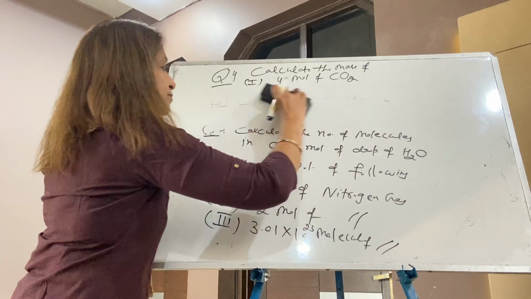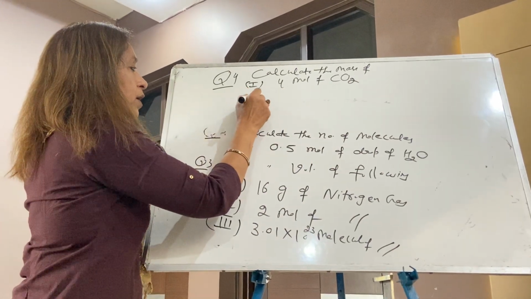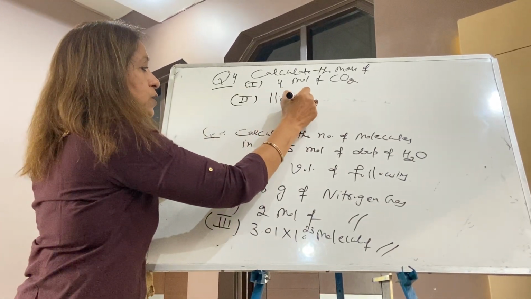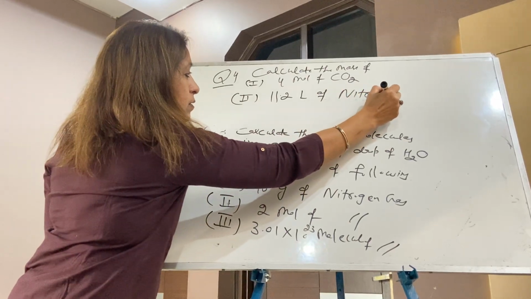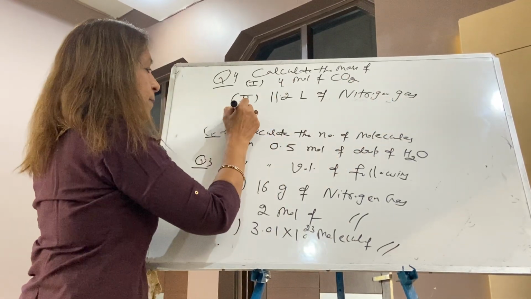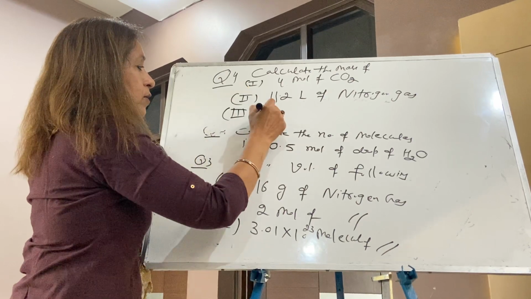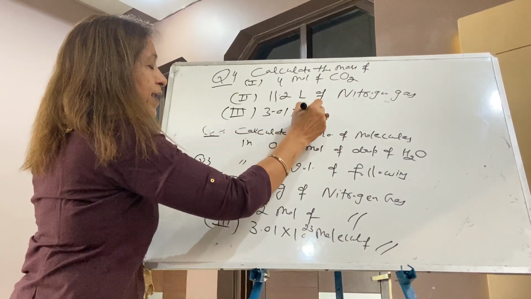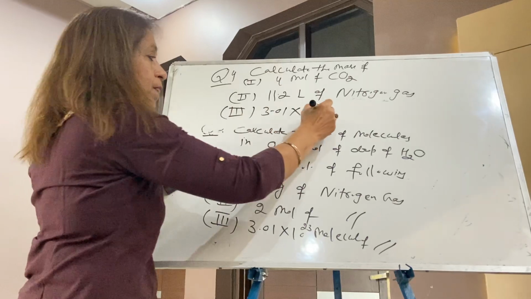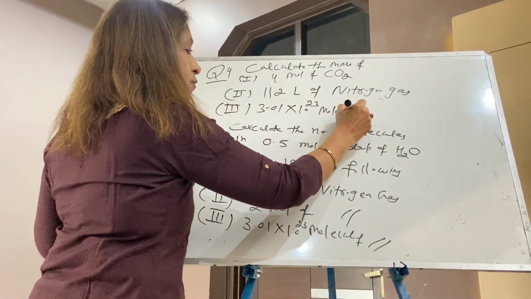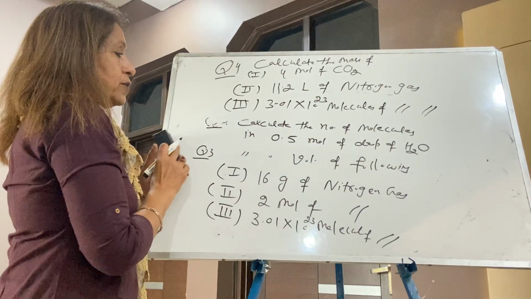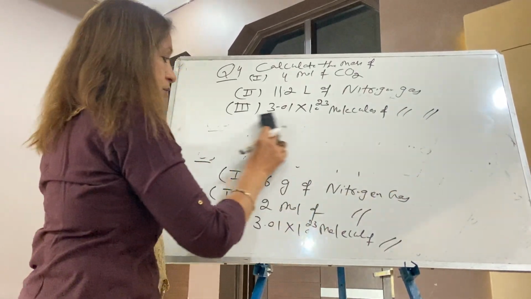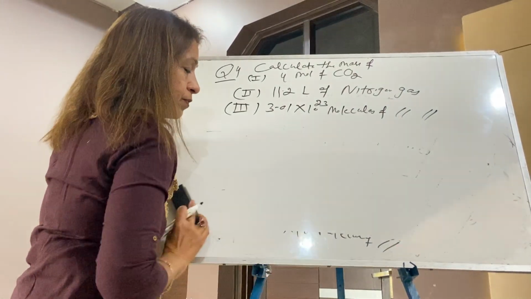B part, 11.2 liters of nitrogen gas. Third part, 3.01 into 10 raised to power 23 molecules of nitrogen gas. So this is the basics of mole numericals.